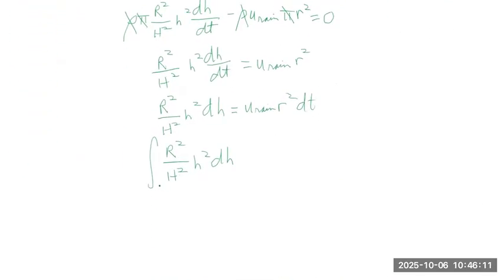So from 0 to h. And this is equal to the integral from 0 to t of u rain r squared dt.